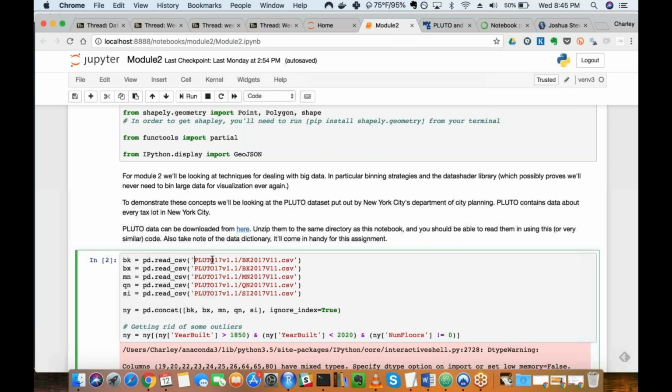I just unzipped it in the same directory, and you should be able to just reuse the code and read it in. In terms of uploading this to GitHub, don't worry about uploading the CSV files, because you'll probably get large file warnings, and GitHub will get mad. So don't get too concerned about that.